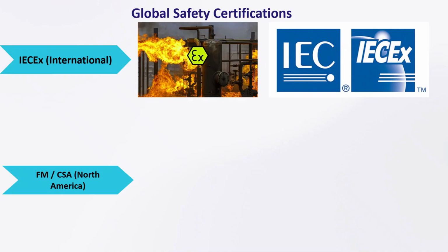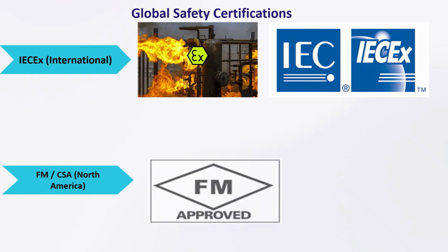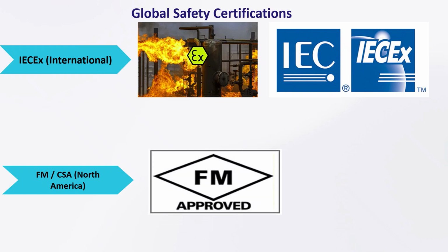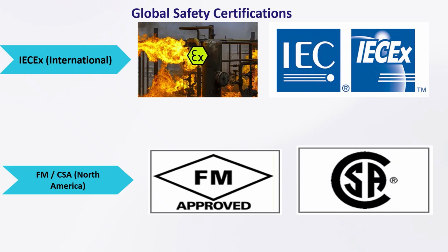C. FM and CSA, used mainly in North America. FM stands for Factory Mutual in the USA, and CSA refers to the Canadian Standards Association. These certifications follow the Class and Division system. Class 1 for gas atmospheres. Class 2 for dust.